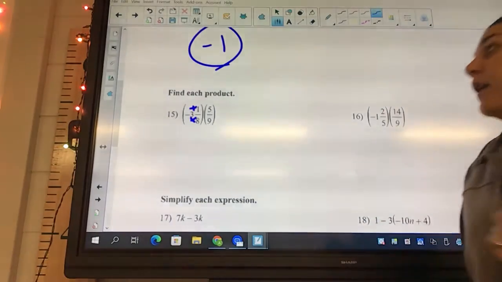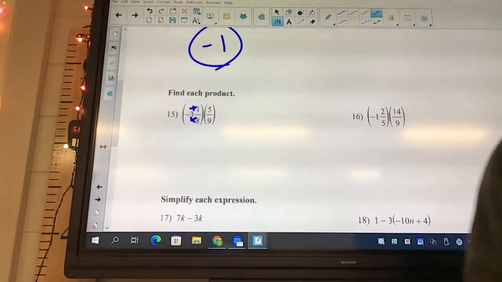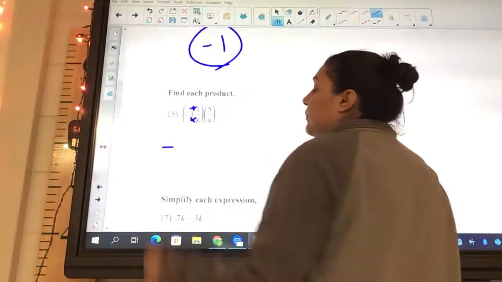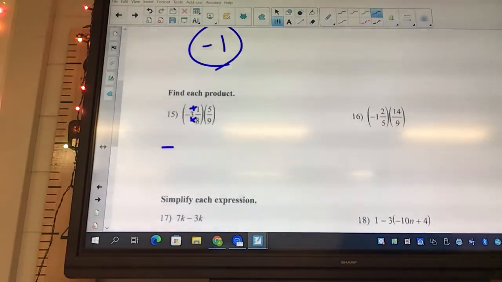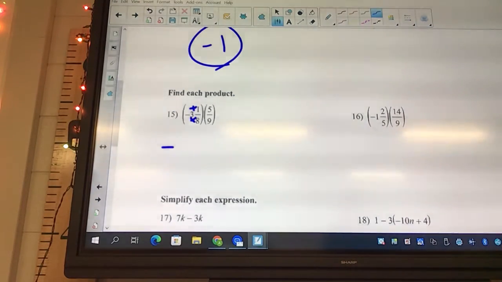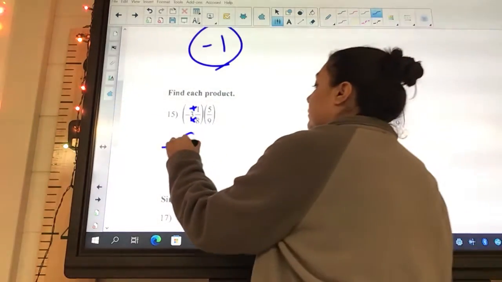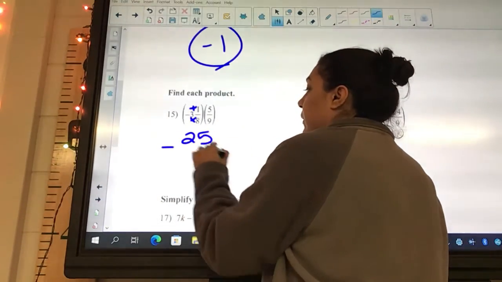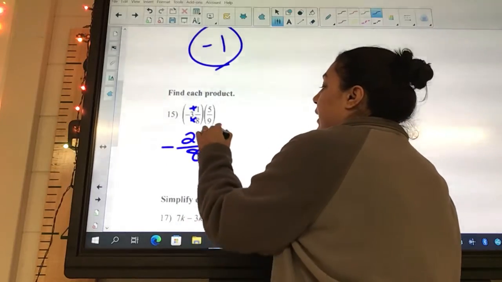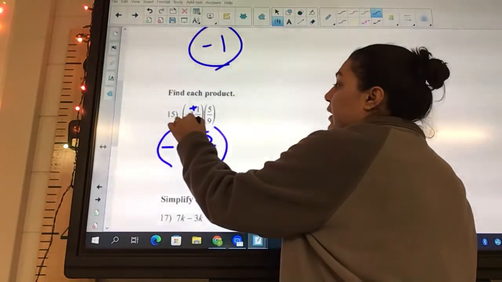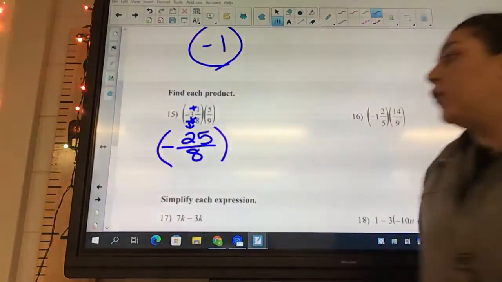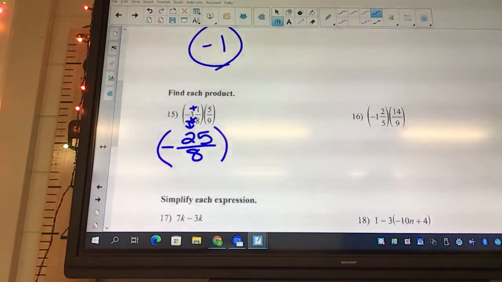Jared, you paying attention? But you do not include that negative, so you can put the negative down. What is 3 times 8? 24, plus 1? 25. So you're going to have 25 on the top. And what's going to be on the bottom? 8. Okay, and you can put that in parentheses. So these are the same. 25/8 is equal to 3 1/8.